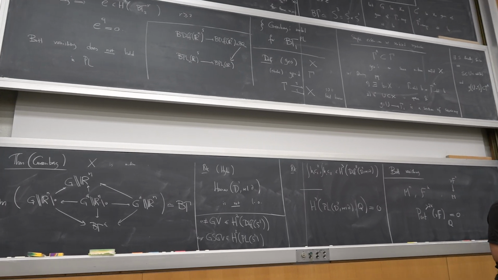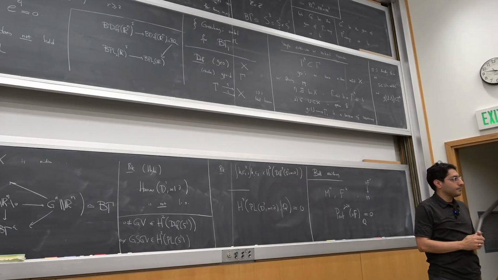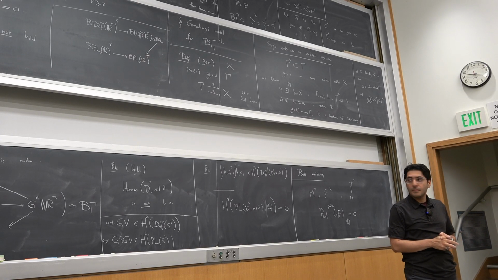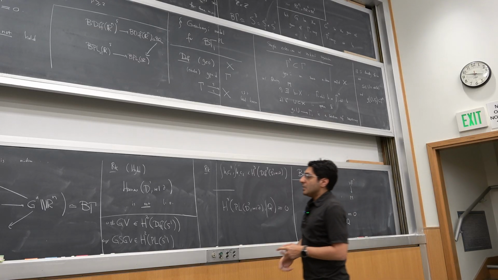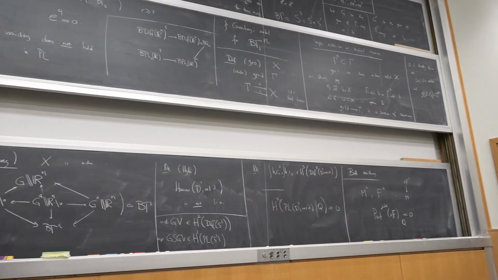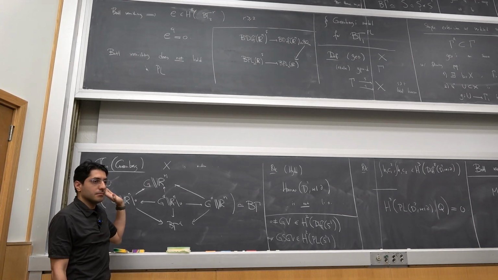So, sorry, I didn't get in your last theorem how G is related to gamma. Gamma is a groupoid. G is a group.